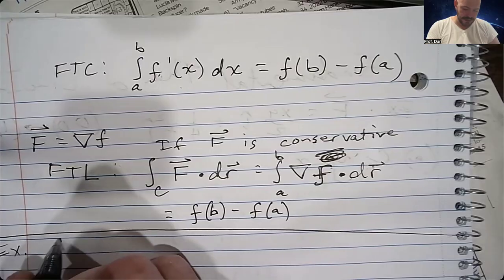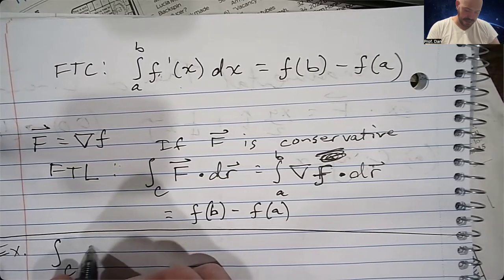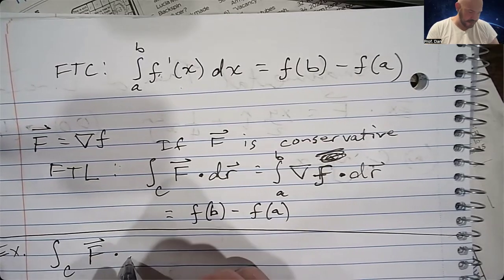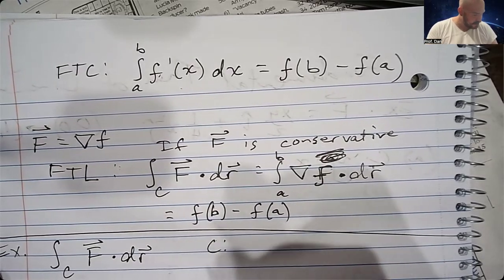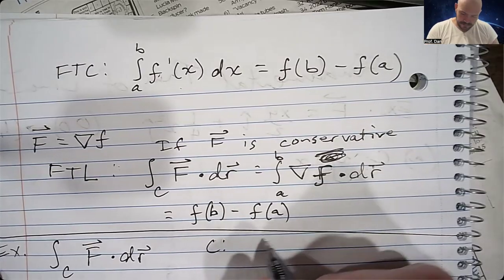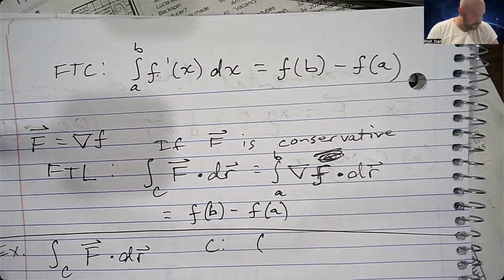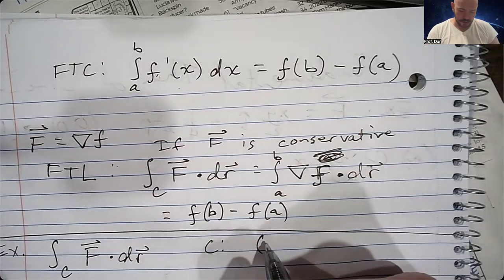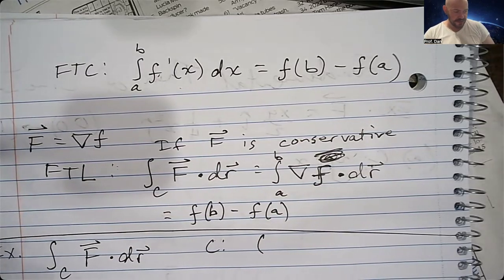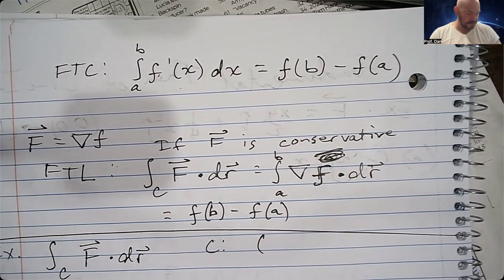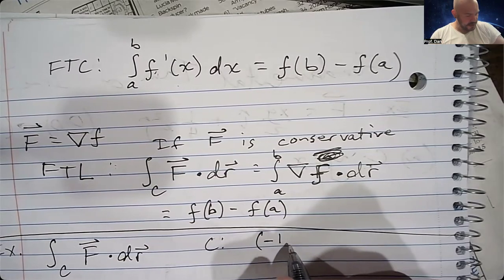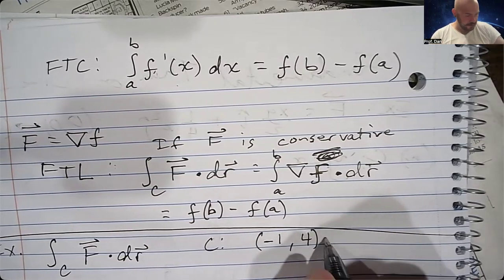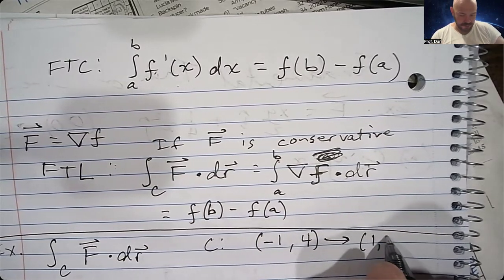So let's say that we want to evaluate the line integral of some vector field F dot dr over a path C, where C is a piecewise smooth curve, which basically means that the derivatives of r are continuous, that takes us from the point (-1, 4) to (1, 2).